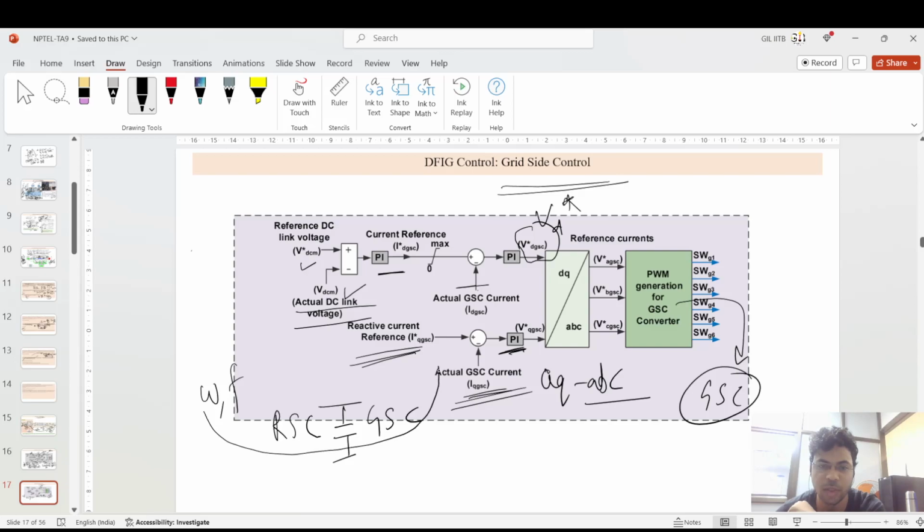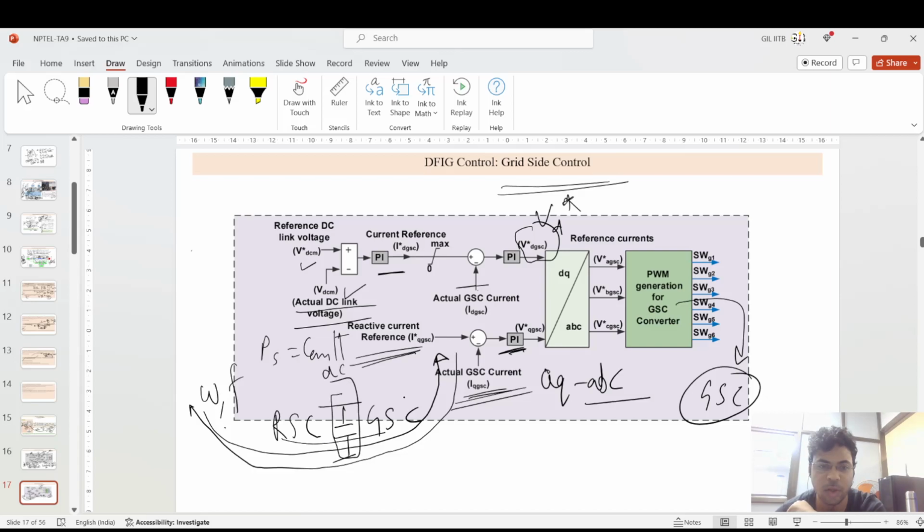At the higher generation time, you send the power from the rotor side converter to the grid side converter, then to the grid, okay. When the generation is low, you take the power from the grid, then feed it from the grid side converter to the rotor side converter, then you maintain the velocity to keep PS, the stator side power, at a constant level, okay.